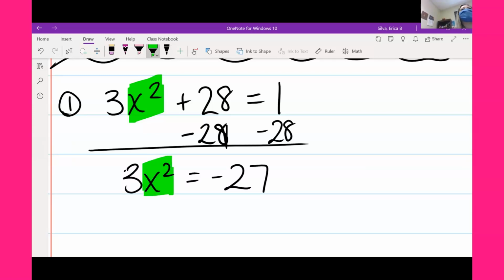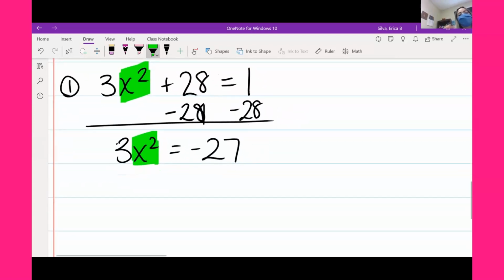We still don't have what's being squared isolated. So what do we need to do? Do we square root it yet? Right, because it has that 3, right? So what can we do? Right, how can we get rid of that 3?